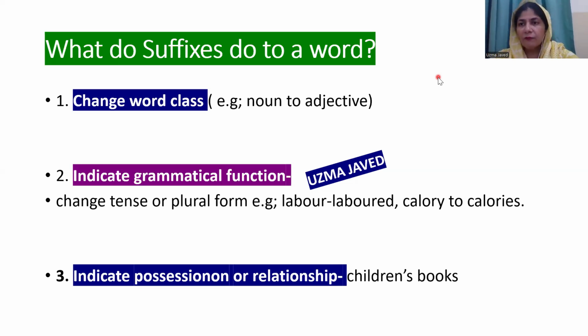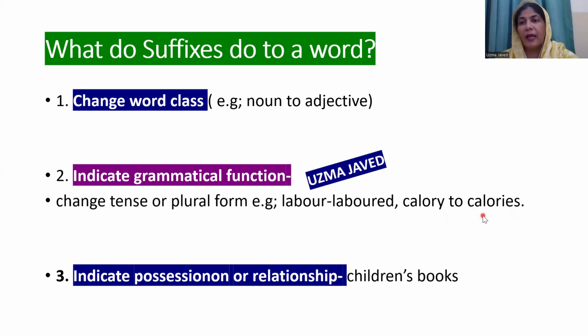The second important function that the suffixes perform is changing the tense or the form of the word. If, for example, the word is labor as a verb in the present form, we can add the suffix ed and this word will become a past participle verb. In the same way, if the word is calorie, which is in the singular form, we can make its plural by adding the suffix ies.